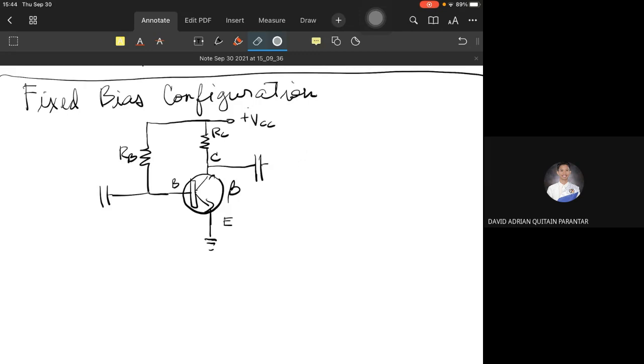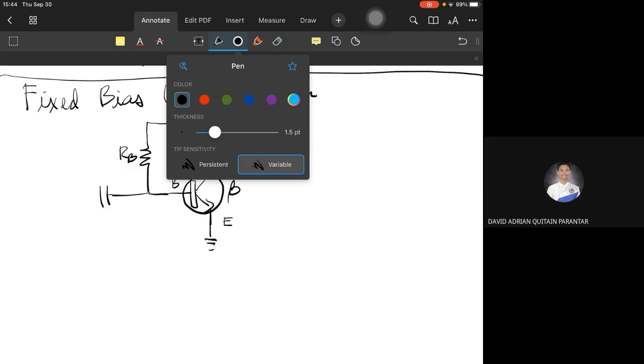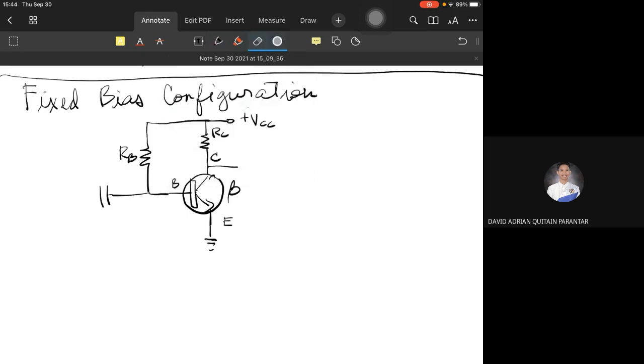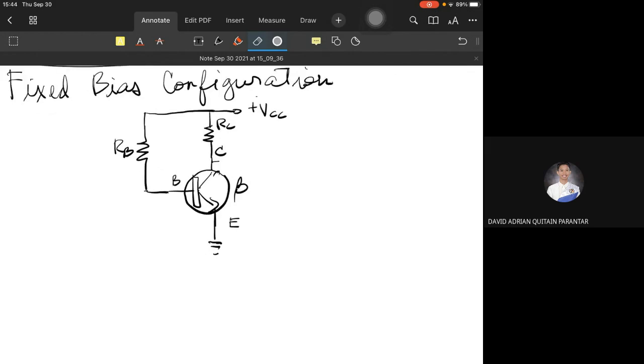We remove the capacitors, since they play no role in the DC biasing analysis. So the fixed bias configuration for DC analysis is only the two resistors and the transistor itself. That's all.